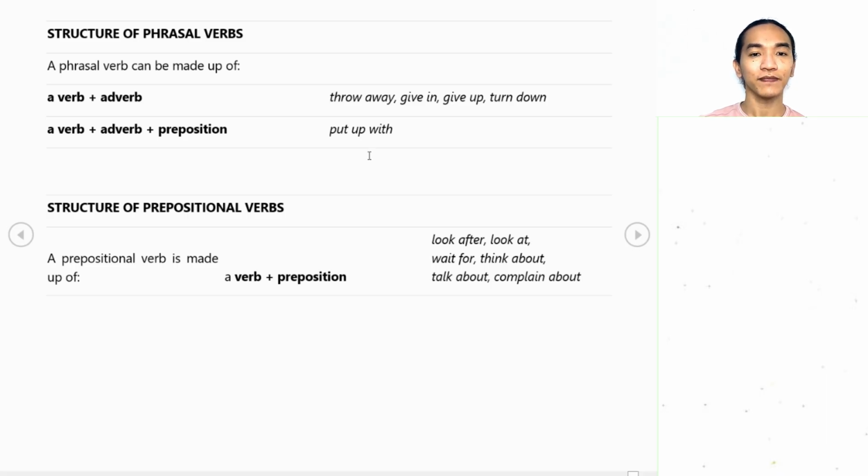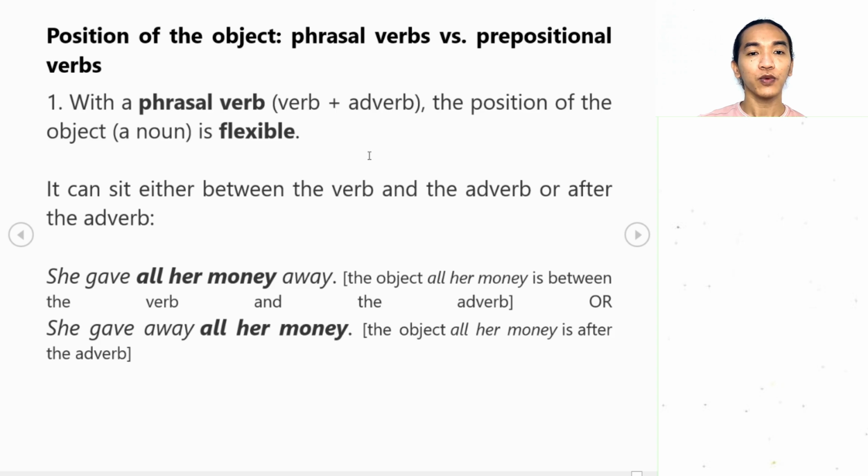Now, in terms of position of the object, phrasal verbs can have a flexible position of the object. With a phrasal verb, which means verb plus an adverb, the object of the verb can sit either between the verb and the adverb or after the adverb.